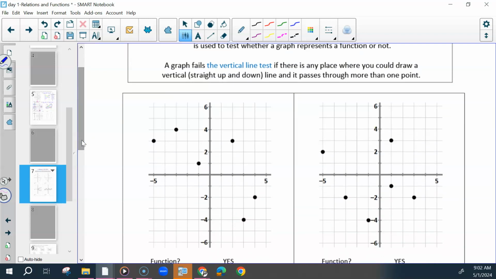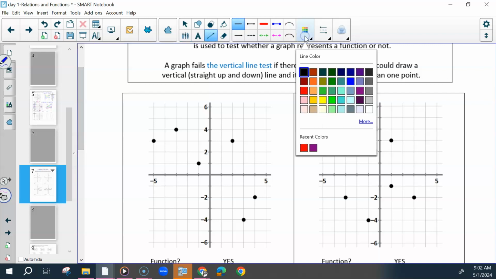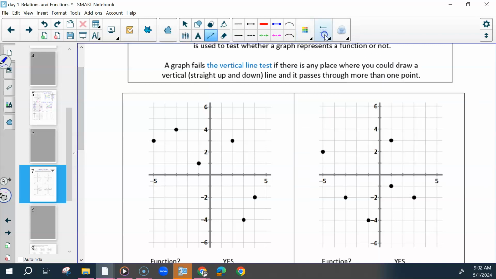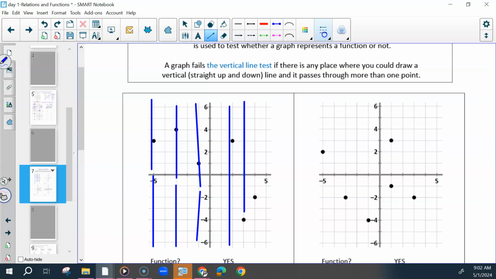So, in these examples, if I were to draw in a vertical line through these points, this one, okay, that one should have gone through the other one. Anyway, if I were to draw a vertical line at all of those points, does it touch it at more than one place?